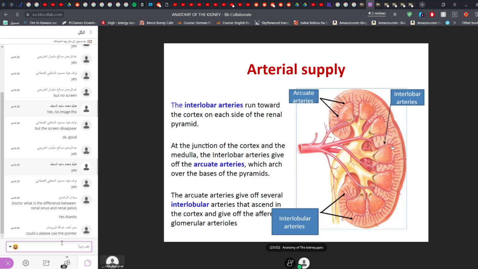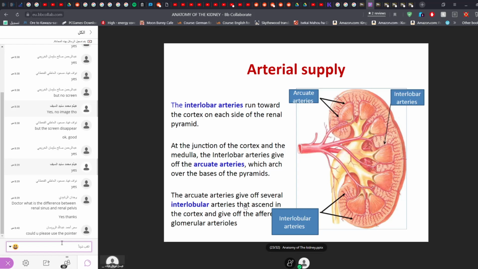The arcuate arteries give off several interlobular arteries. Can you see? They are running in the cortex. So first the renal, then the segments. After segments, interlobar arteries. Interlobar arteries give arcuate arteries, and arcuate arteries give interlobular arteries.